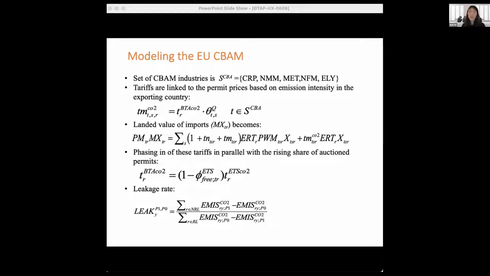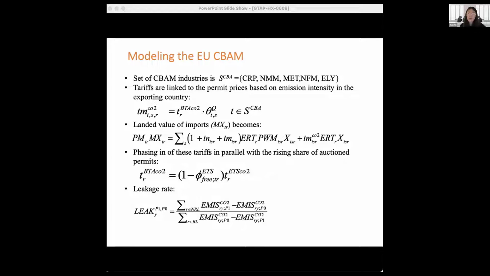And also to maintain symmetry with the ETS case, we also recycle the carbon revenue in this scenario by reducing the tax rates on labor factors. While the EU does not mention rebates for exports, this option has often been discussed by many analysts.